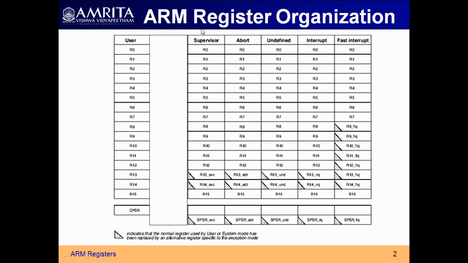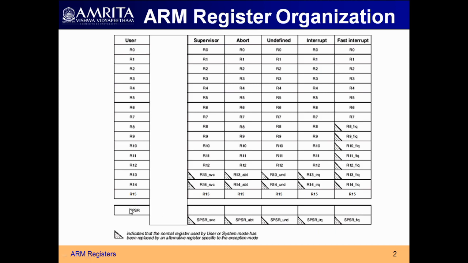In order to avoid that mode switching, they have given a separate register known as SPSR for each mode. So whenever you are moving from one mode to another mode, whatever content is there in the CPSR will be copied onto the corresponding SPSR. So when you are in undefined mode, the content of CPSR in the user mode will be automatically copied to the SPSR.